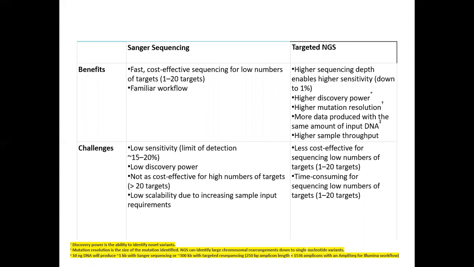In case we look for novel variants, the ability of Sanger sequencing to identify a novel variant is very low.